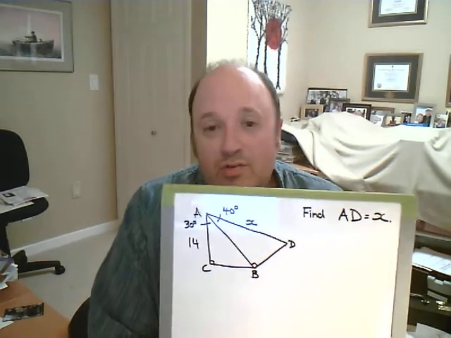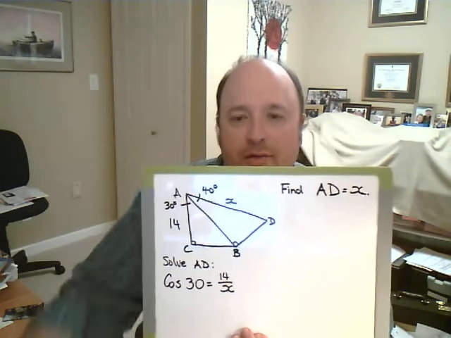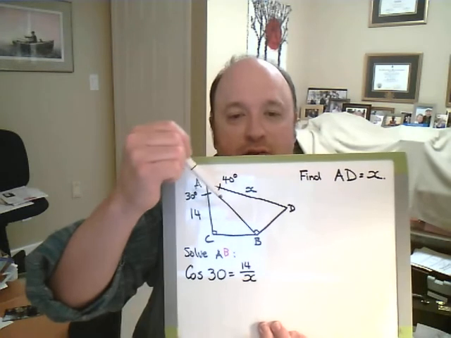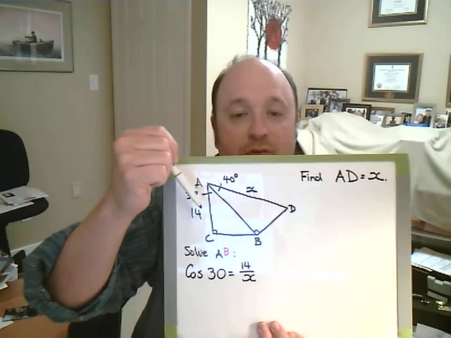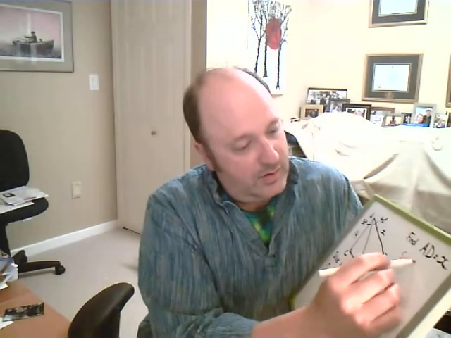Okay, so let's go through the process for this question. Right, so to find AB, I use the first triangle here. I know the angle. I have to know that that's the adjacent, and I need to know the hypotenuse. So, Soh Cah Toa.